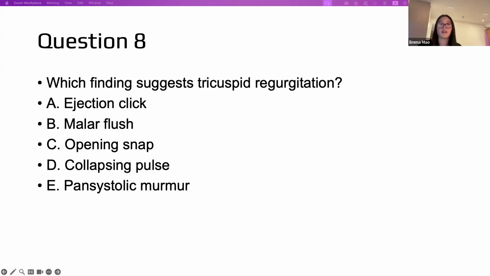Pansystolic murmur. And because it's on the right side, it would be increased with inspiration.